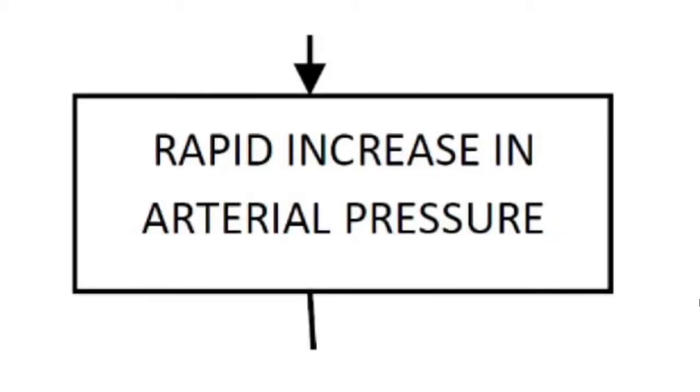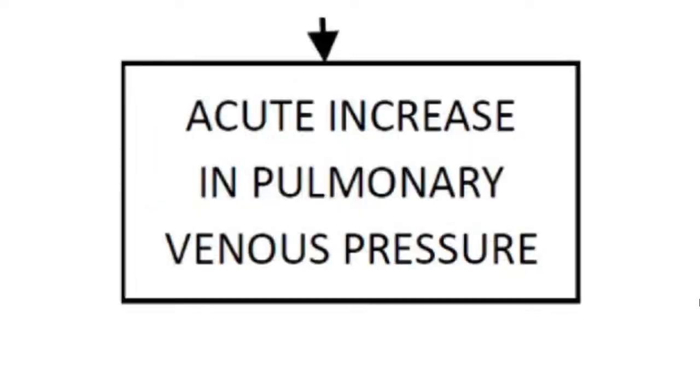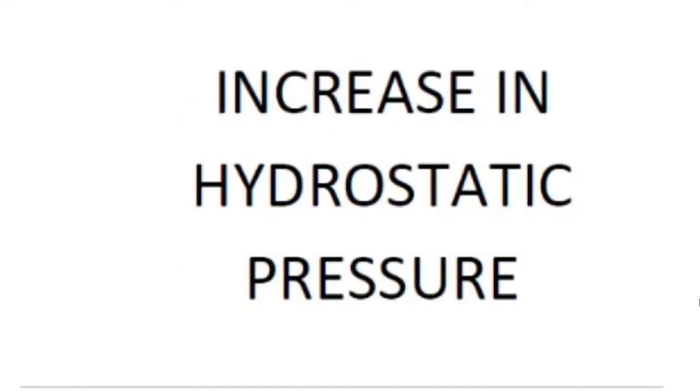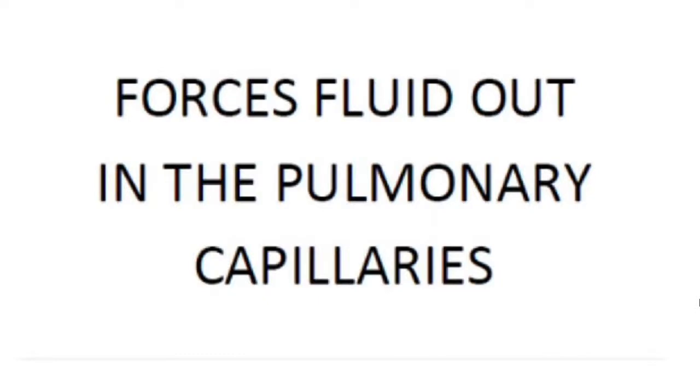So there would be a rapid increase in arterial pressure, which results in an acute increase in pulmonary venous pressure, which produces an increase in hydrostatic pressure that forces the fluid out of the pulmonary capillaries, and it will go to the interstitial spaces and the alveoli.